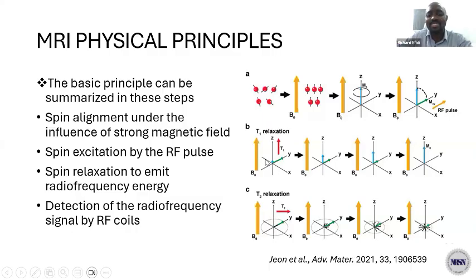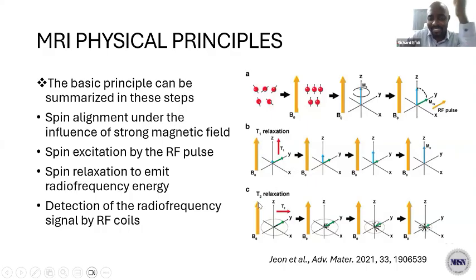The T1 relaxation process involves the regrowth or regain of the longitudinal magnetization that was initially lost when the proton absorbs energy from the RF pulse. This regain of longitudinal magnetization occurs slowly over time, and it occurs at different rates for different tissues of the body.